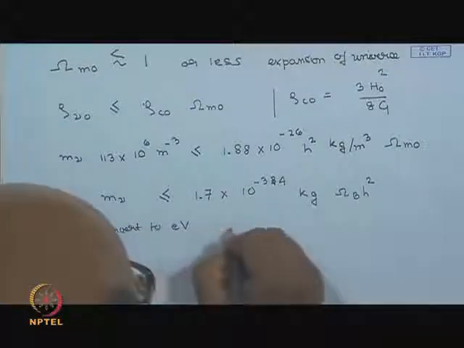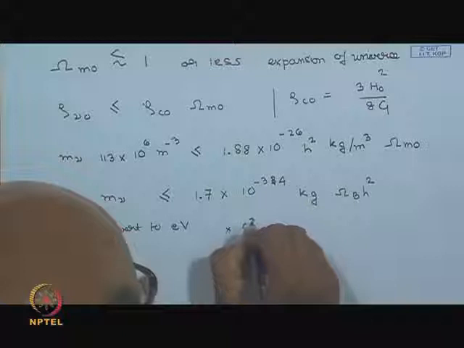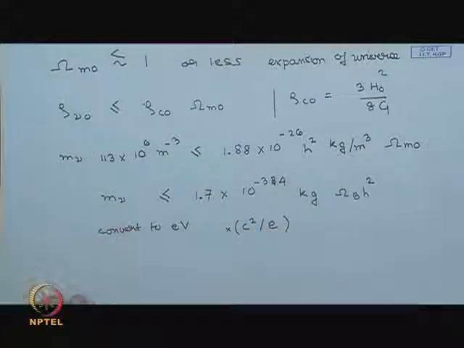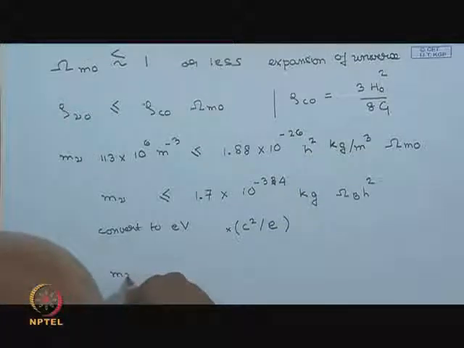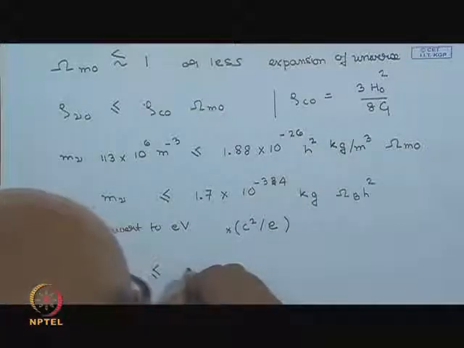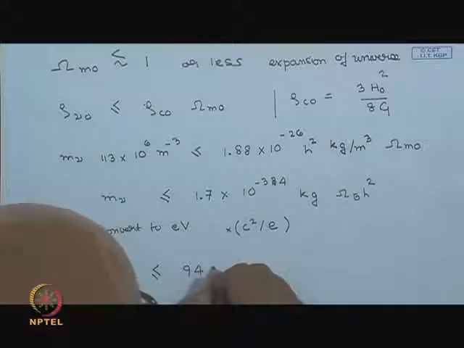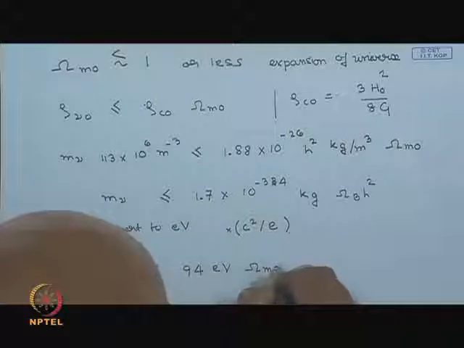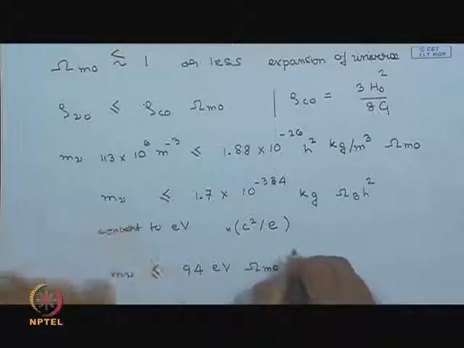So, the limit that you get if you do this is that the mass of the neutrino should be less than or equal to 94 electron volt times omega matter naught h square.